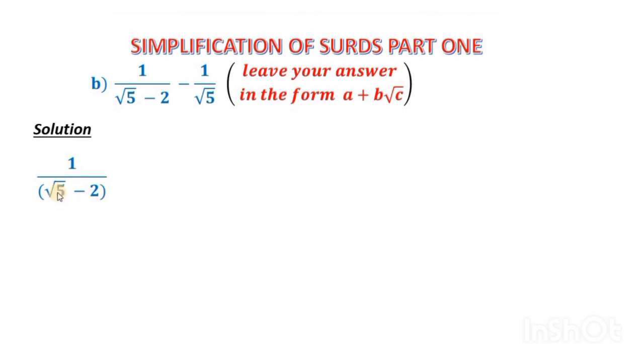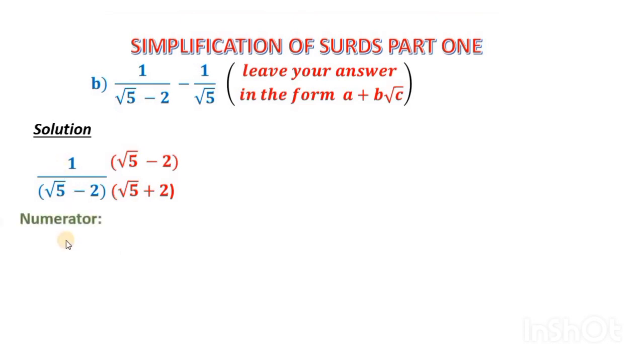So we multiply by the conjugate, and the conjugate is root 5 plus 2. Remember, the only difference here is addition. Here we have subtraction and here addition.